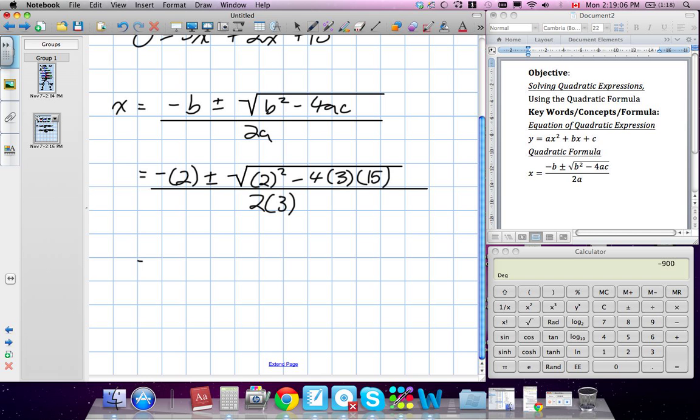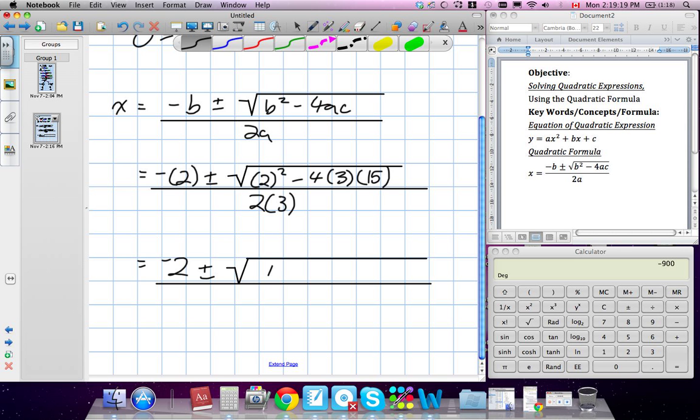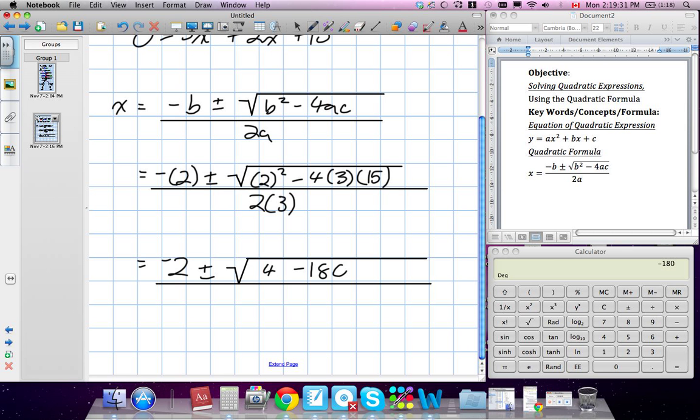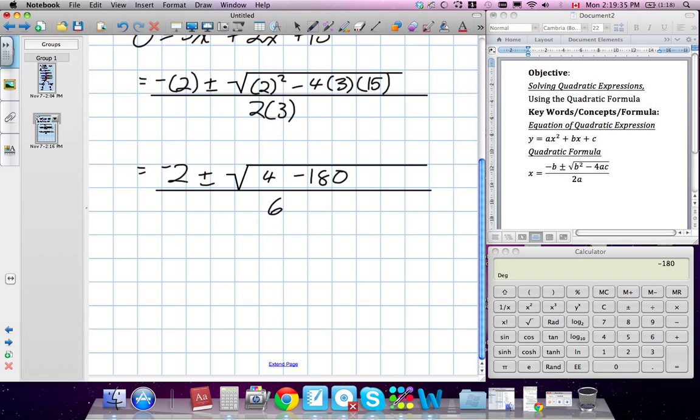We go to solve this. We get negative 2 plus or minus the square root of 2 squared, which is 4. Then we get negative 4 times 3 times 15, which is negative 180, divided by 6.